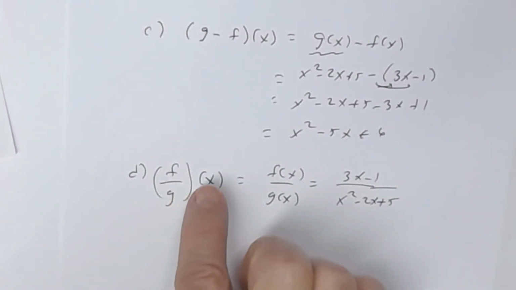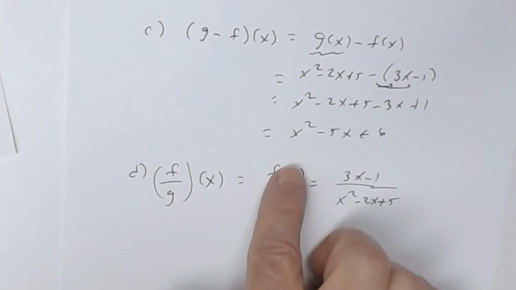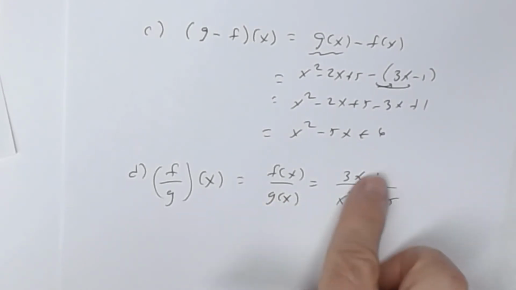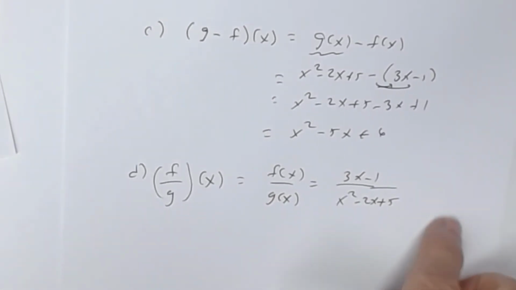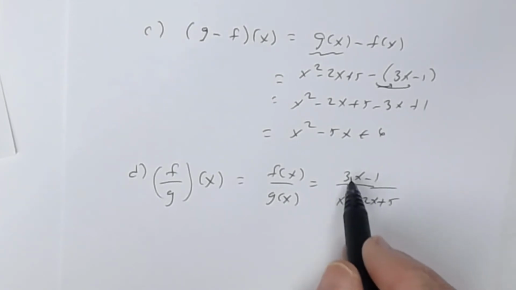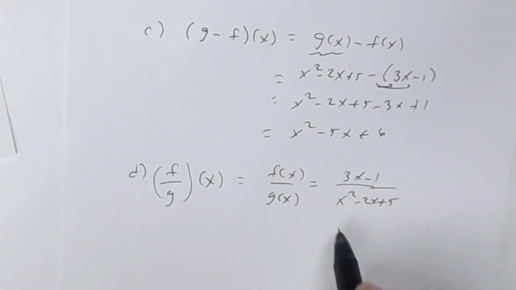Whenever you're dealing, listen carefully, whenever you're dealing with the quotient arithmetic operation, you want to factor because sometimes you can reduce your common factors. But it turns out that you cannot factor this, and this is not factorable, so you're done.